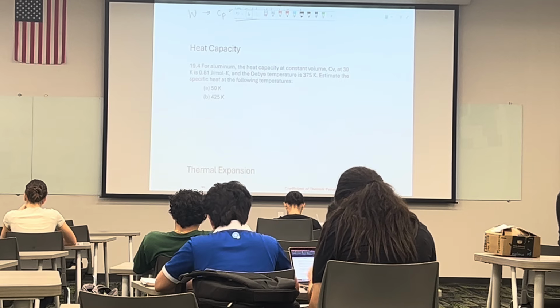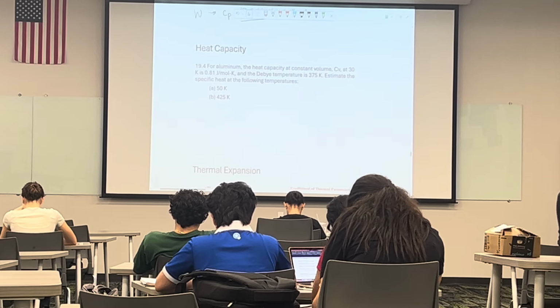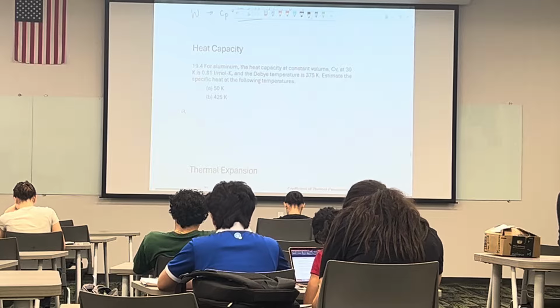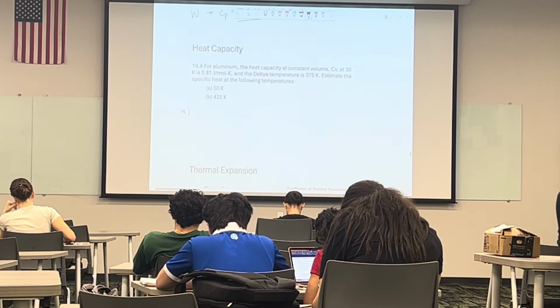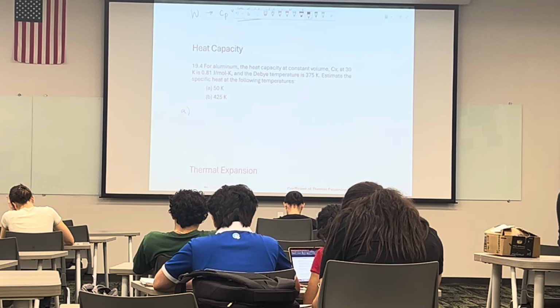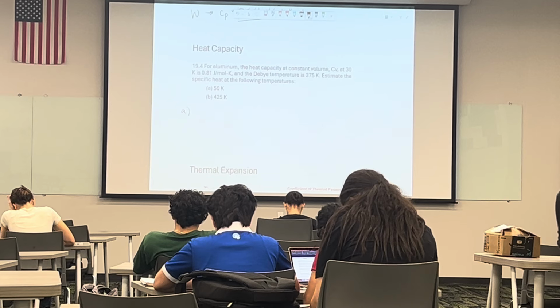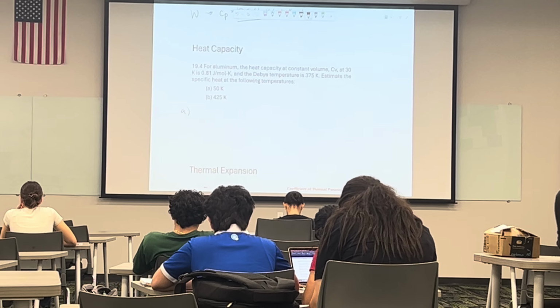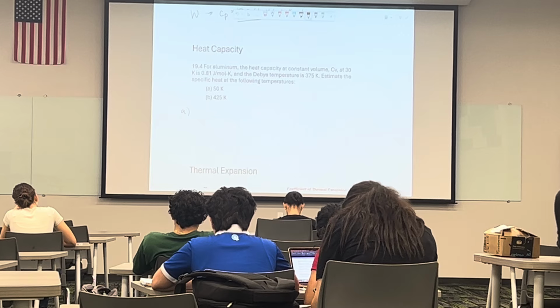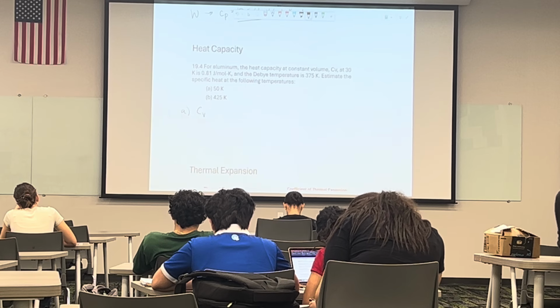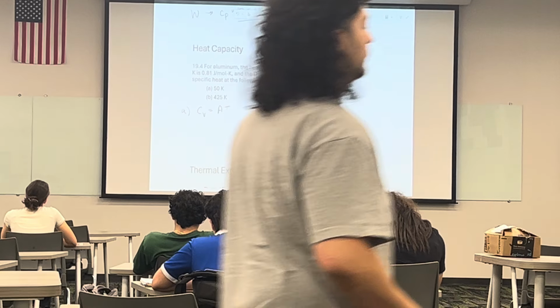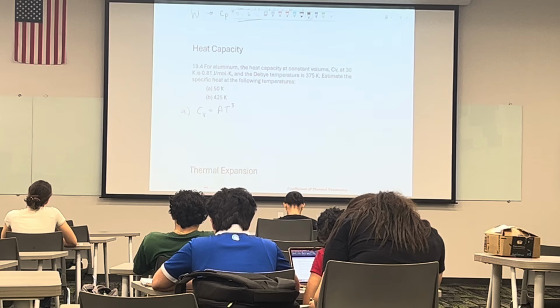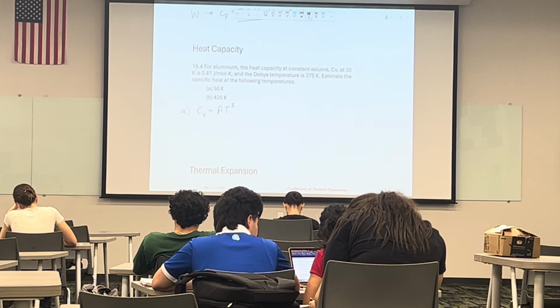Okay, so to solve this one, I'm going to start with part A. For aluminum, the CV at 50 Kelvin can be approximated by the formula that we just reviewed not too long ago, which is this one, since the temperature is significantly below that Debye temperature.